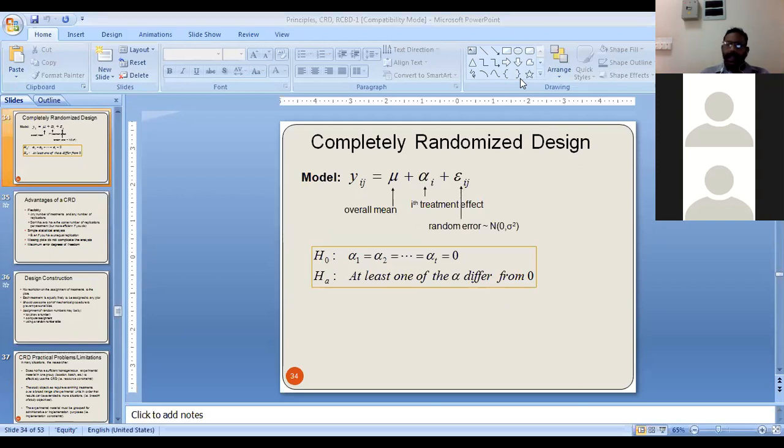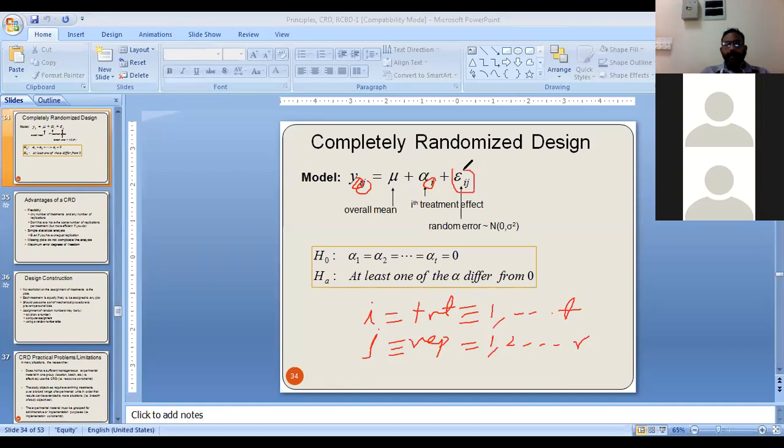What is this i? i is indicating treatment, which starts from 1 and goes up to T. j is the replicate, starting from 1, 2, and goes up to R. Then we talked about the error term.